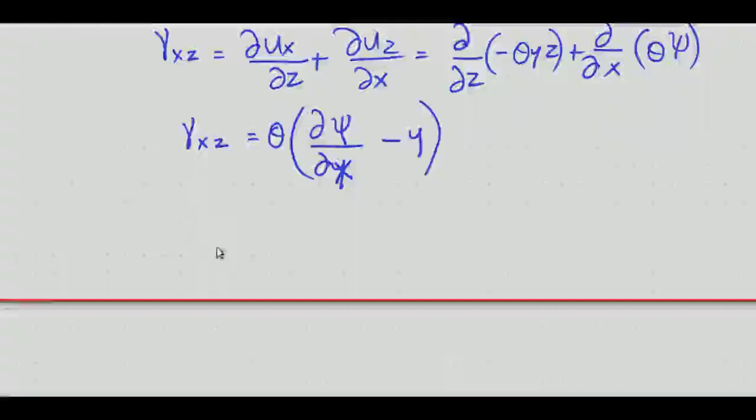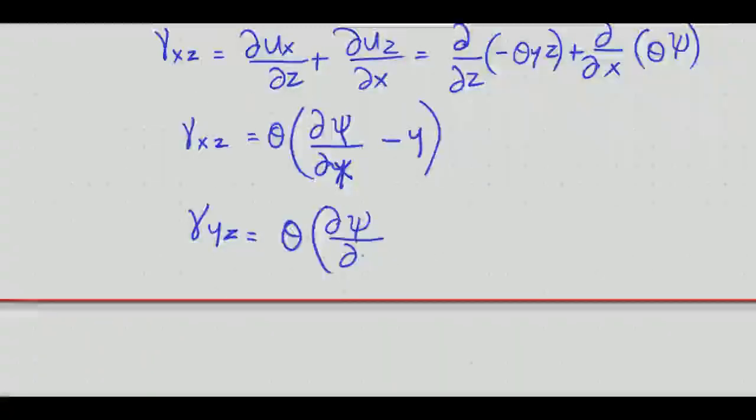Similarly, we can obtain γyz, that is given as θ into (∂ψ/∂y plus x). Okay, now we have only 2 strain components. Other strain components are 0.